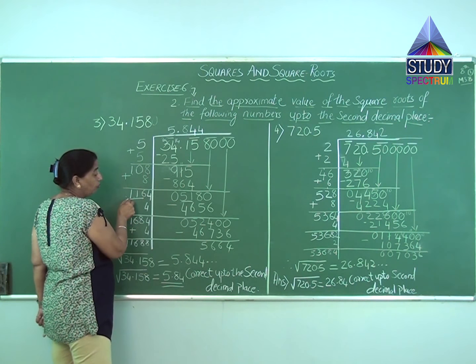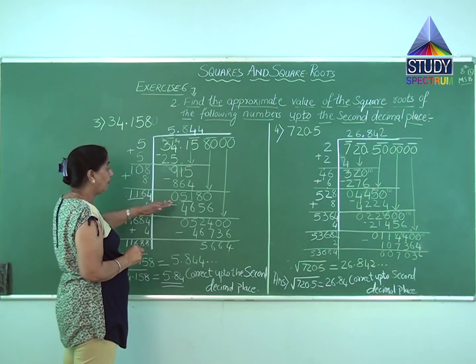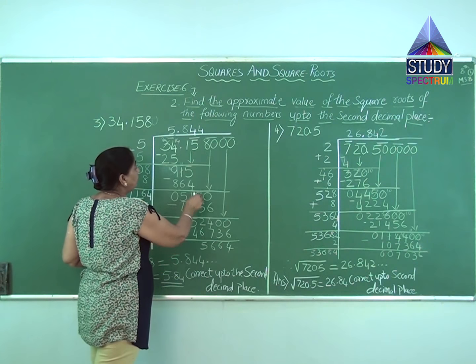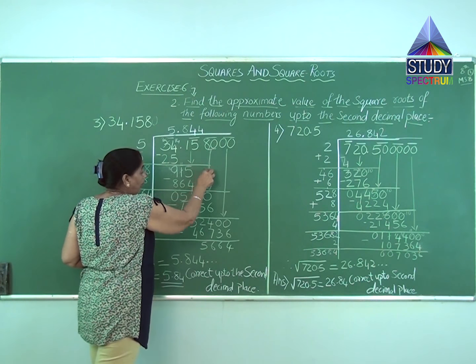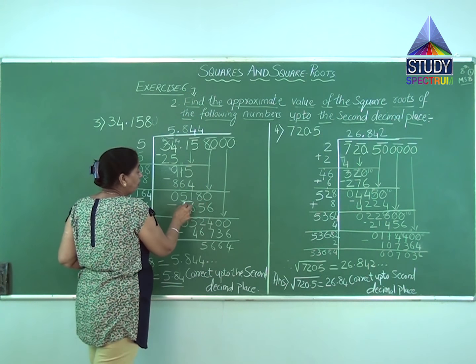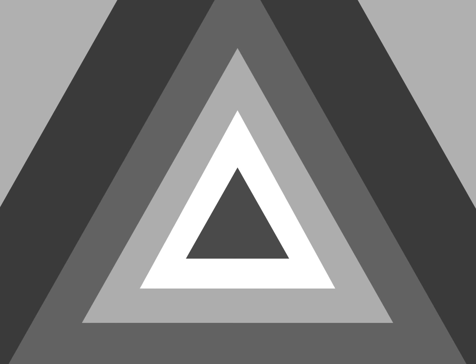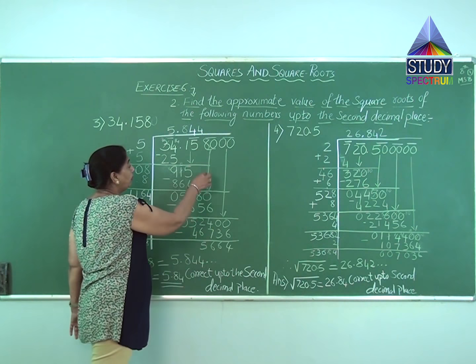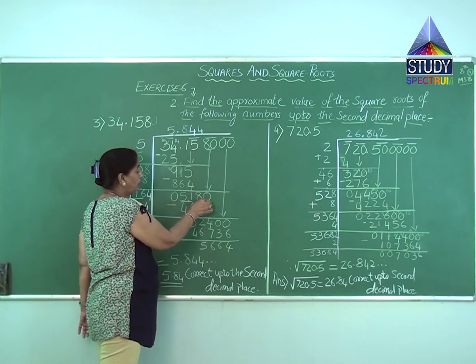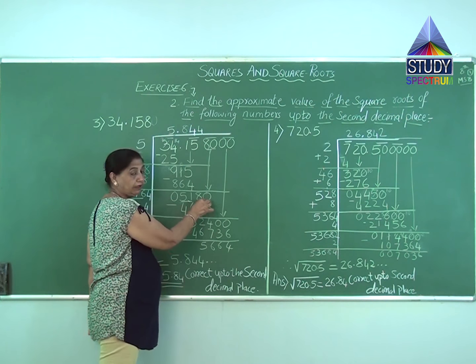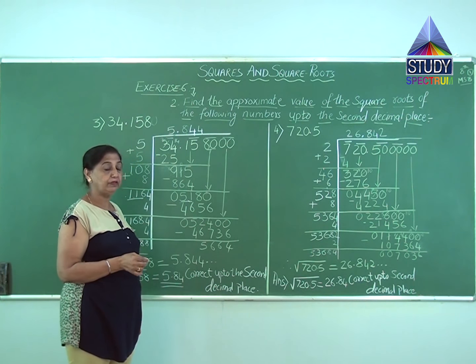Now this is the number over here, 116. To solve further, I will bring this pair of numbers below. So it will become 5180. To solve further, I have to bring this pair of numbers below. So here the number has become 5180. Now you know how to do further.